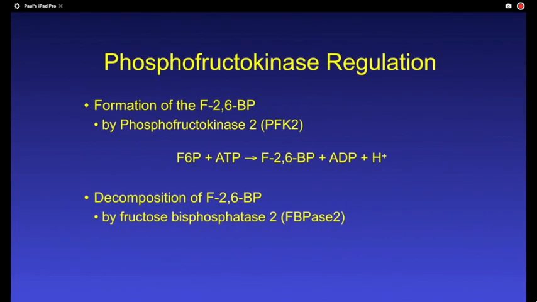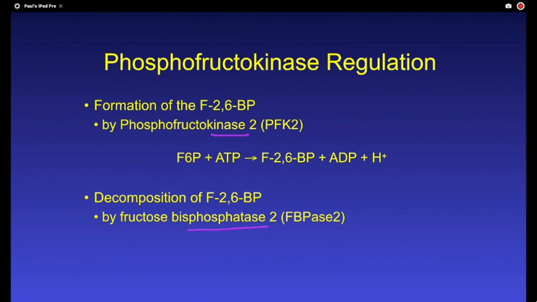The formation of that molecule happens with an enzyme called phosphofructokinase version 2, or PFK2. Okay, so the kinase puts it on. And to break that down, you need an enzyme called fructose bisphosphatase version 2. And a phosphatase class is an enzyme that takes off a phosphate.